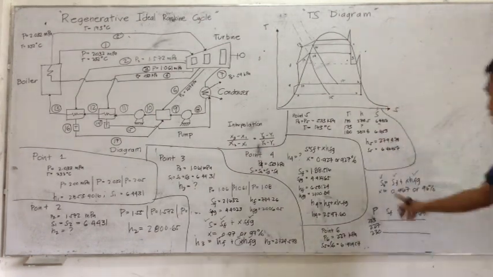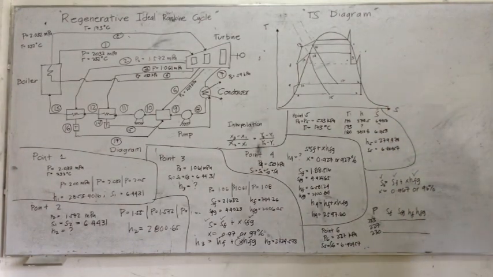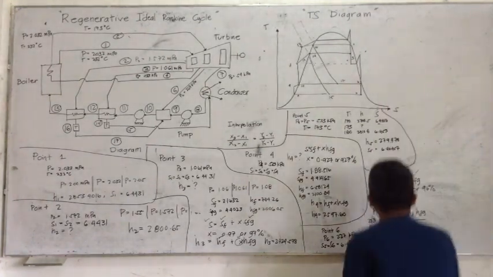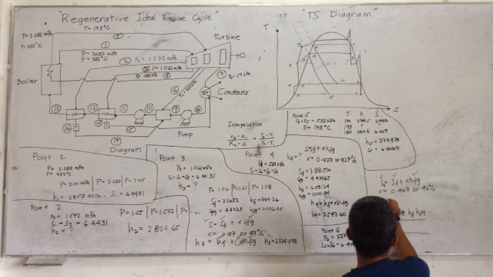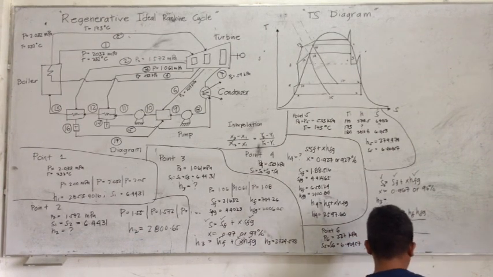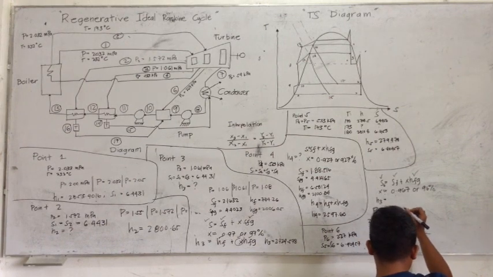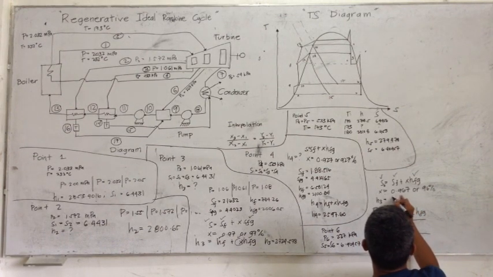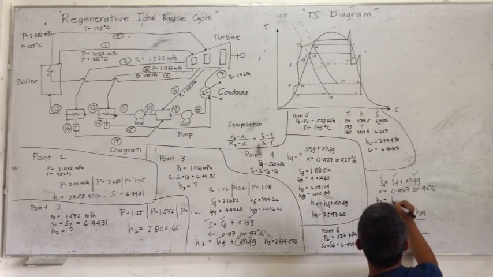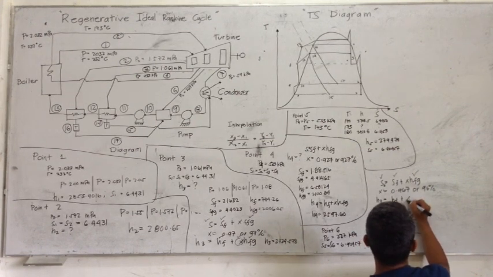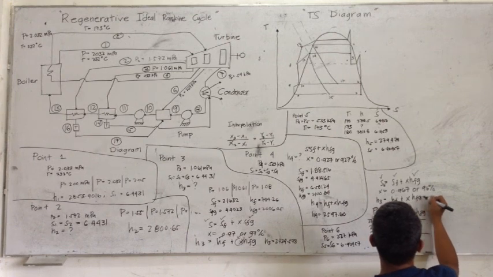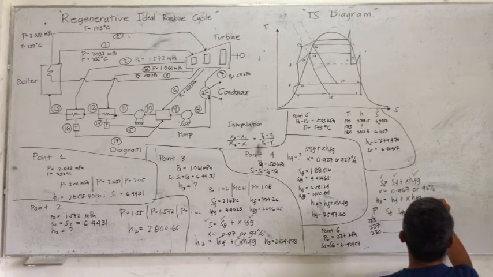Now the missing part is H6. Using the same method, H is HF plus the quality of X times HFG.